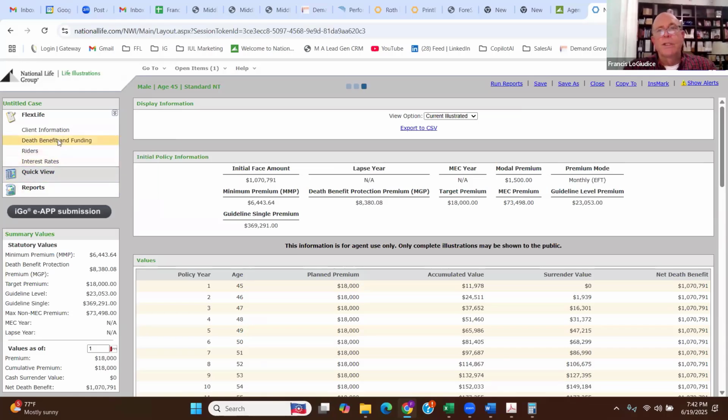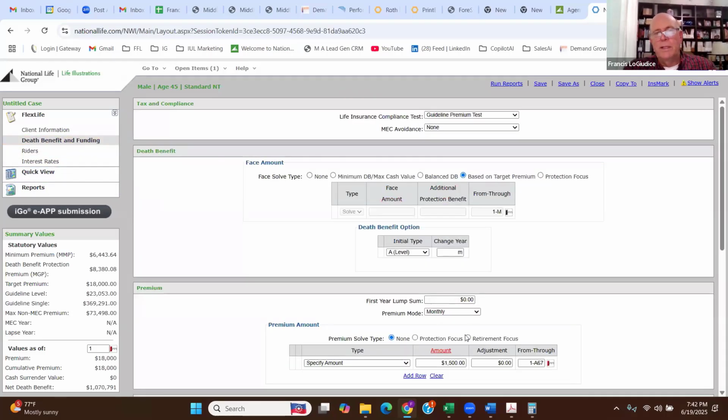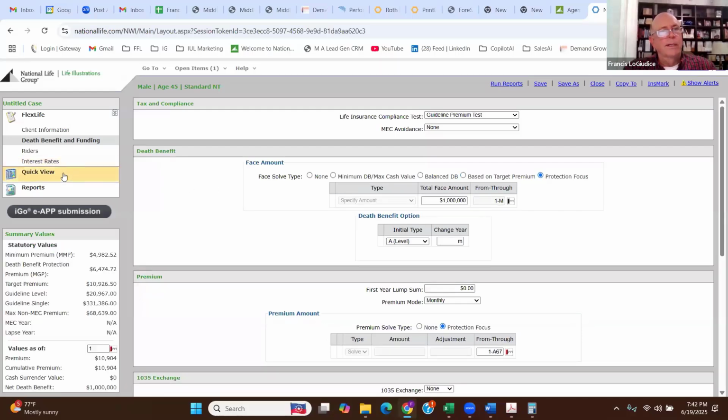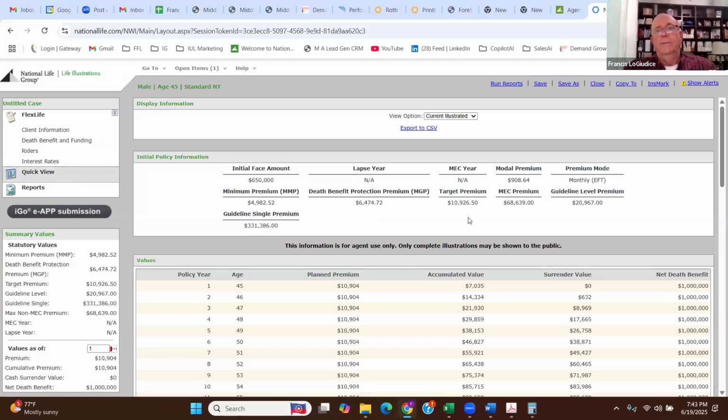Now, I've never used this protection focus because it messes with things down here on this retirement and protection stuff. It activates the additional insurance rider. So if you hit that, let's see what it does. Wow. Oh, it did the additional.